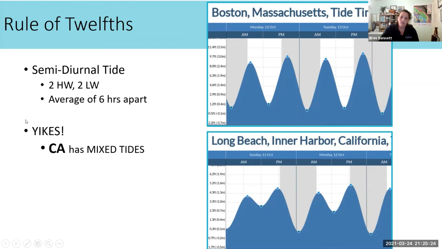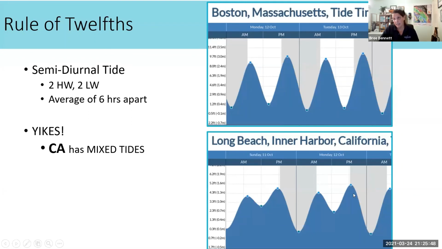The rule of 12s was created for the classic semi-diurnal tide, where you have 2 highs and 2 lows that are relatively the same and on average 6 hours apart. So very predictable, 6 hours apart between high and low tide.